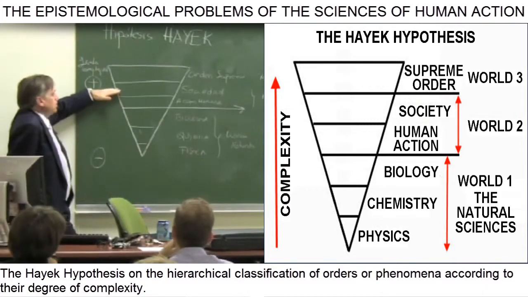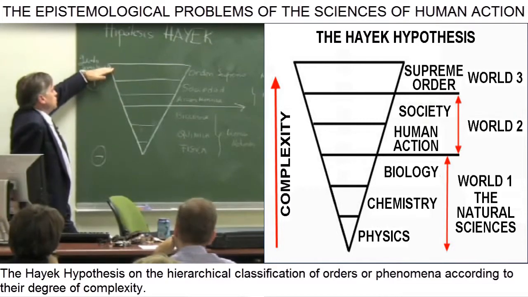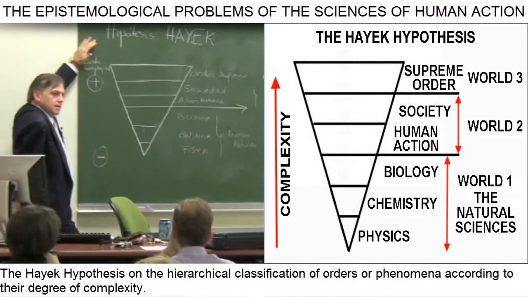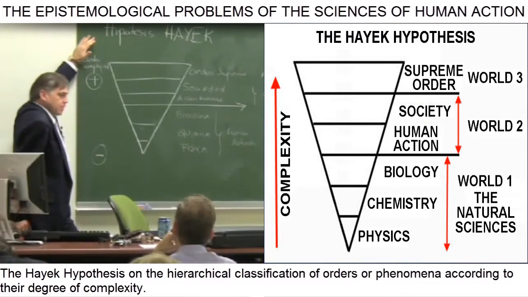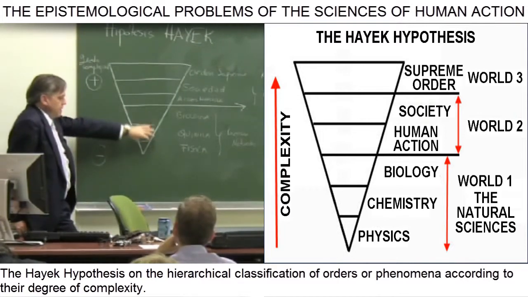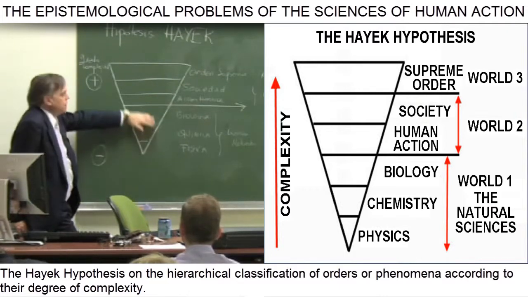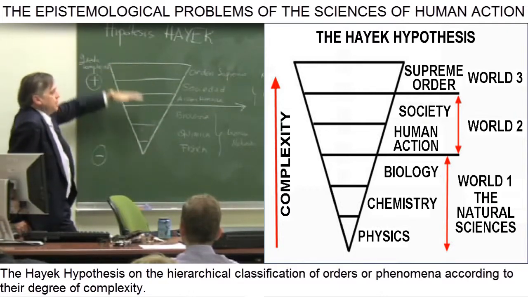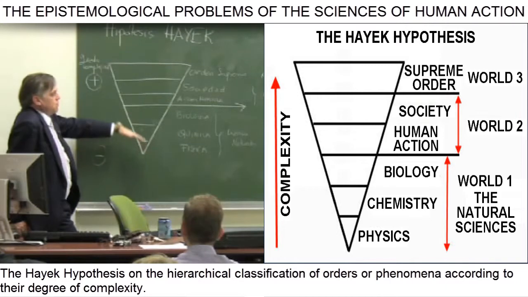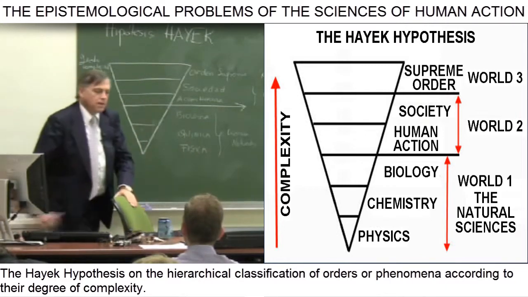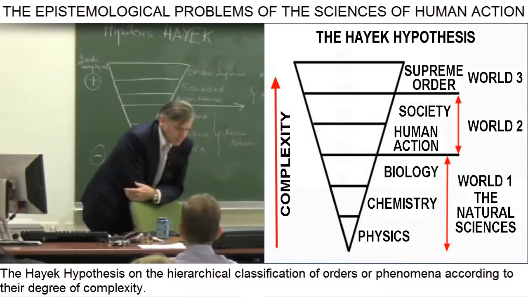As we move up the triangle, we come to relatively more complex phenomena. The narrow vertex indicates that the phenomena or orders studied have a lower degree of complexity, and the inverted base at the top indicates that as we move upward, the phenomena progressively increase in complexity.